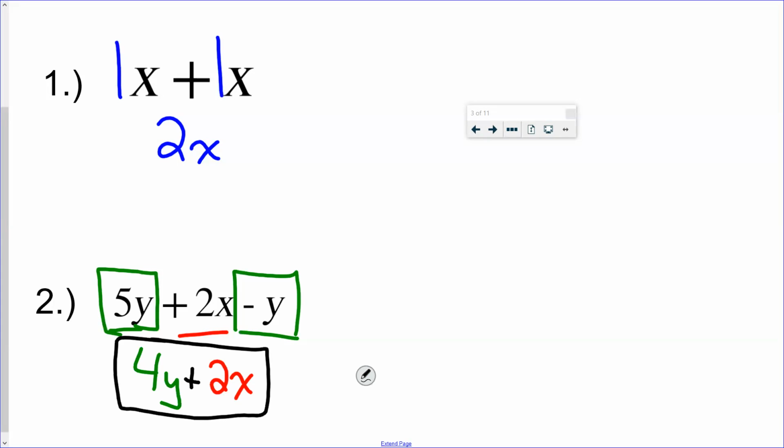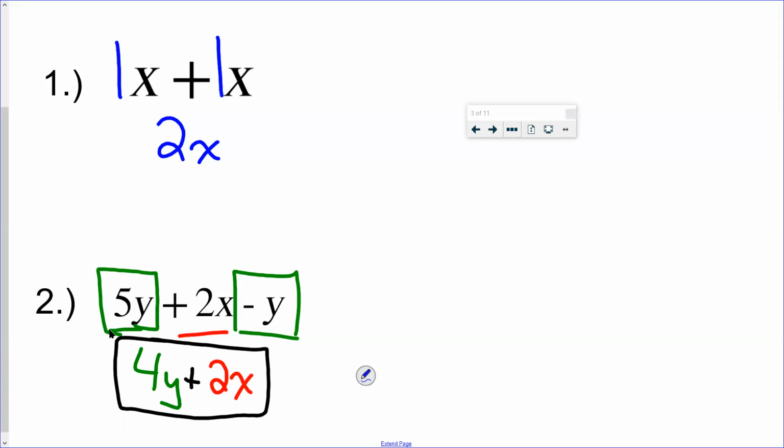So to simplify that expression, 5y plus 2x minus y, our simplified version or our final answer is 4y plus 2x. Right? Again, I use the boxes because they're going to help you out. If you have a lot of different colors, they will help you with combining like terms. I put the box around 5y, and then I also put a green box around minus y. And the reason I included the minus in front of the y is we want to include that operation in front of it.